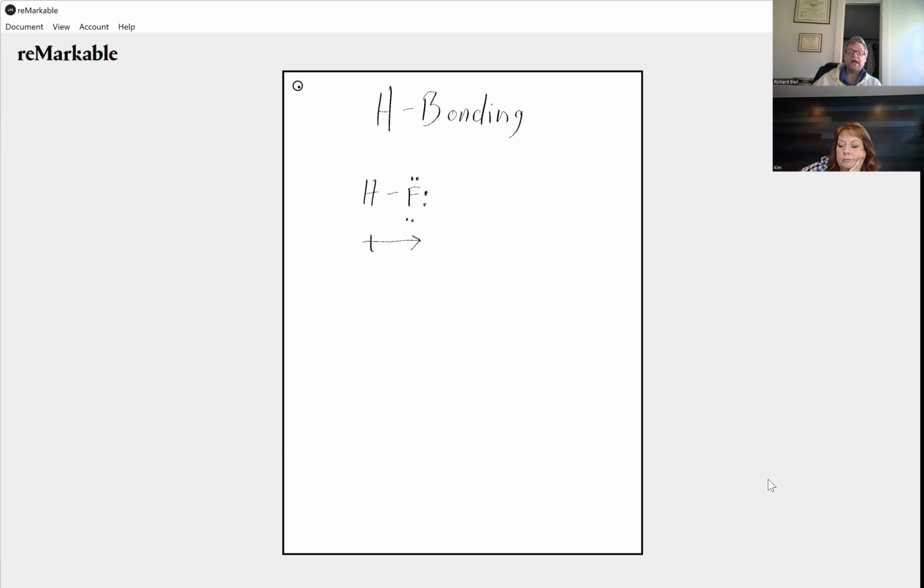So if we put another hydrogen fluoride near it, you might expect the partial positive hydrogen to be near the partial negative fluorine, and that is very true. But, and this is a big, big but, hydrogen is not attracted to the fluorine. The hydrogen is specifically attracted to the lone pair electrons on that fluorine.